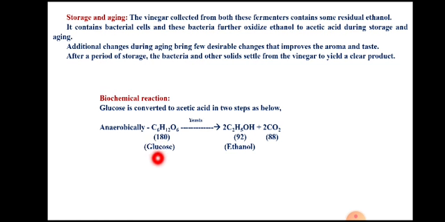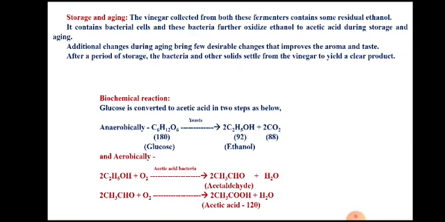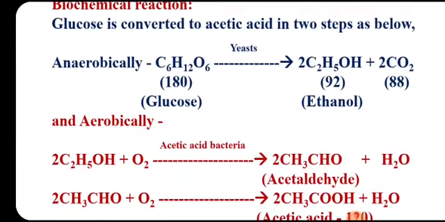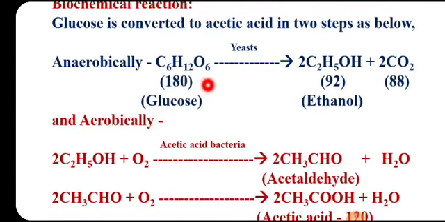One mole of glucose is converted to 2 moles of ethanol and 2 moles of CO2, mediated by yeast. The second step is an aerobic fermentation carried out through acetic acid bacteria.